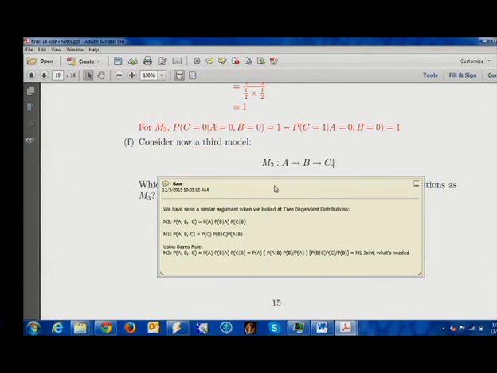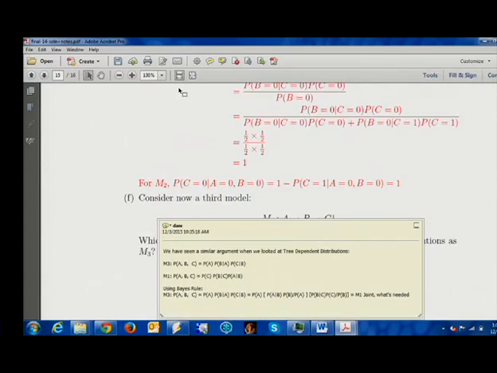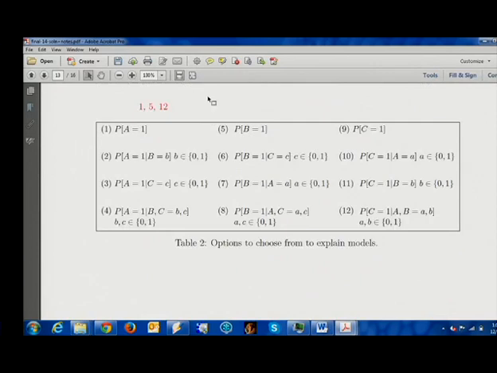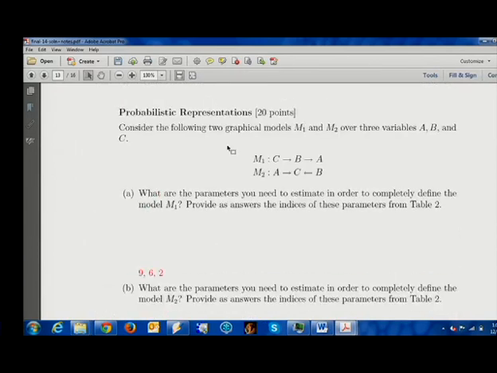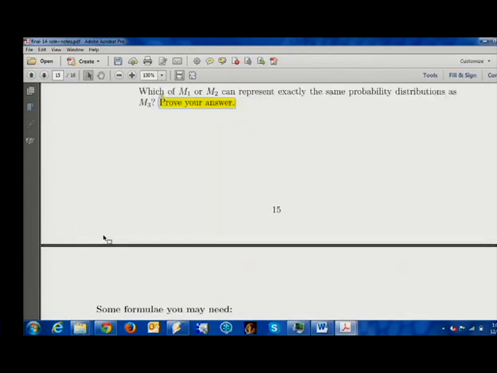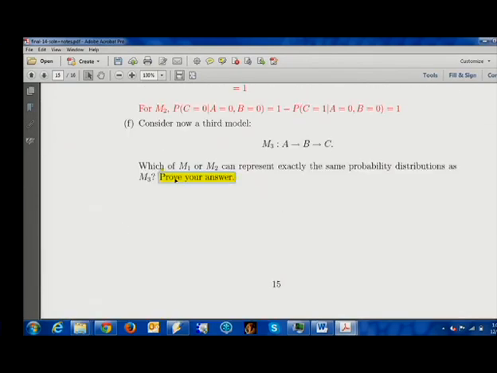So M3, I can write the joint as P of A times P of B given A times P of C given A. For M1, let me remind you, M1 was a chain, C leading to B leading to A. So where is it?